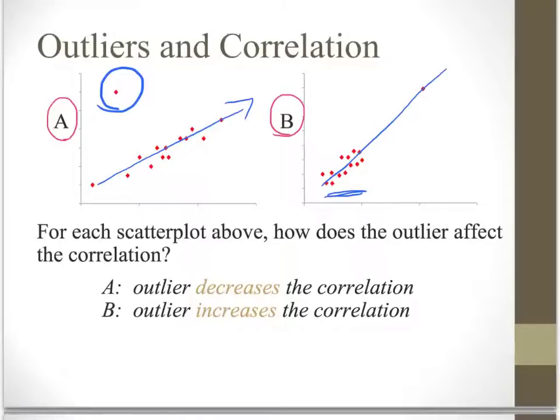Now, if there was this much data clumped like this the whole way along up to the outlier, we really would have that strong correlation. But the outlier is just making it look that way by increasing that correlation that exists.